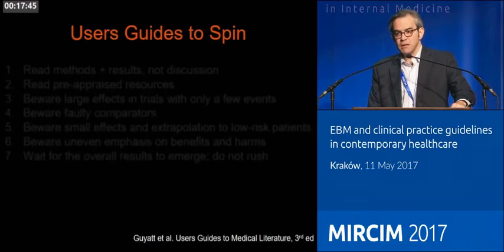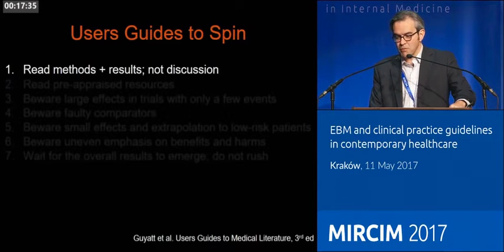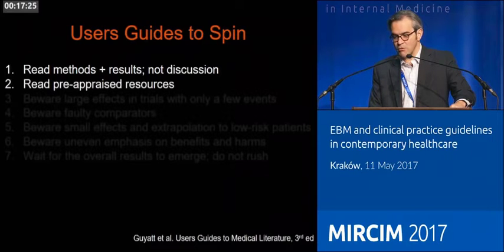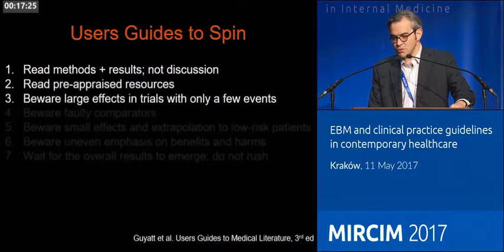So to talk about spin, the User's Guide to the Medical Literature offers seven guides to understanding spin. One of them, reading the methods and the results and avoiding the titled introduction and discussion section, will be discussed by Gordon tomorrow, along with reading pre-appraised resources.